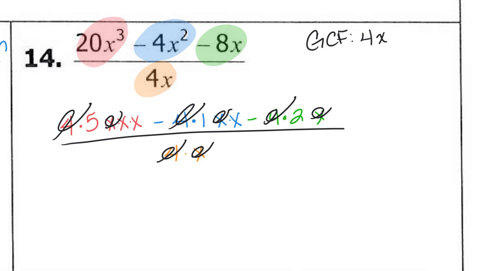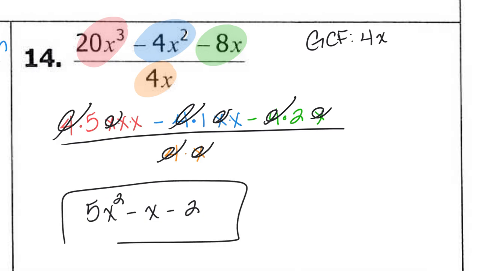And so we are left with 5x squared minus 1x minus 2, all divided by nothing, or we can just say 5x squared minus x minus 2.